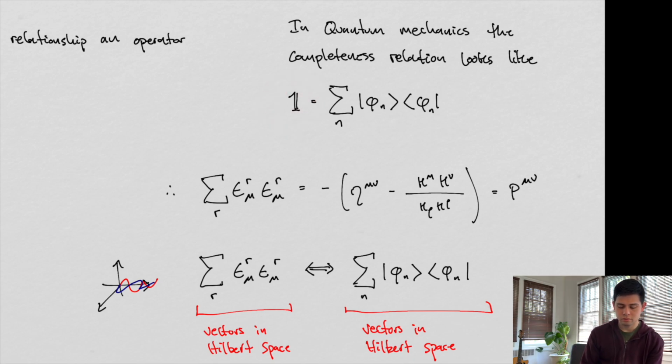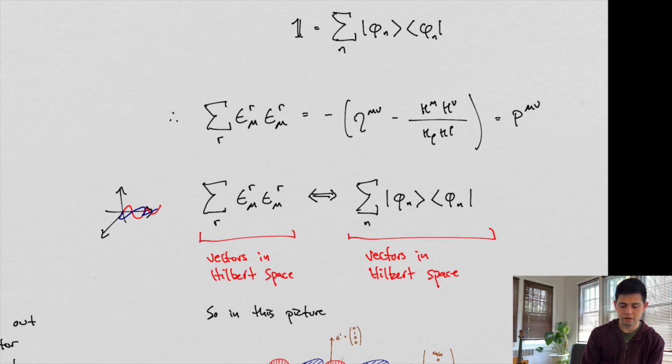So there's this interesting relationship where this guy, when it is applied to an arbitrary vector, and this guy's going to have to get applied to an arbitrary vector, they're going to make that arbitrary vector such that when it's applied to the momentum, we get 0. Okay? That's the whole point here.